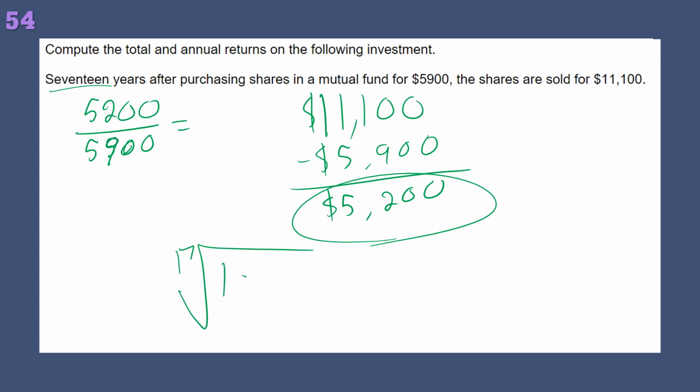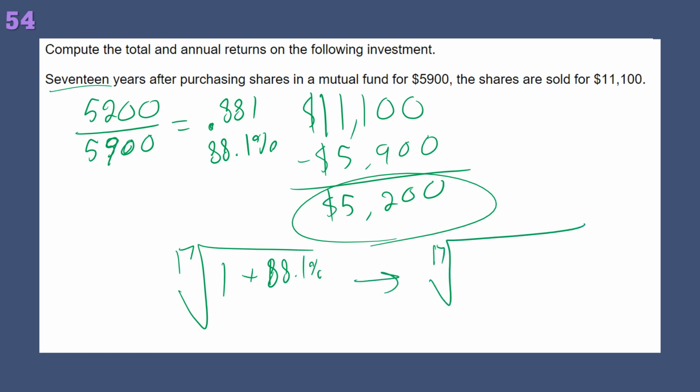So let's figure out what this final number would be: 5,200 divided by 5,900. That's 0.881, or 88.1%. That's a good return. That means 1 plus 88.1%, so we're going to take the 17th root of 1.881, and let's see what we get.